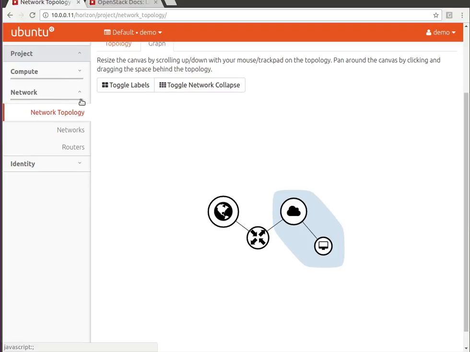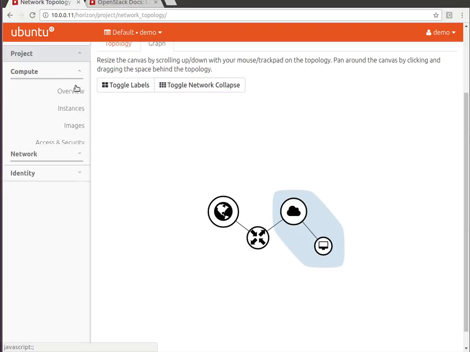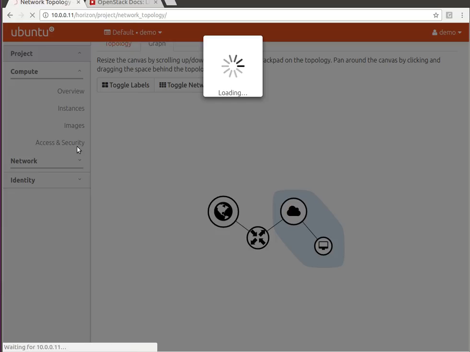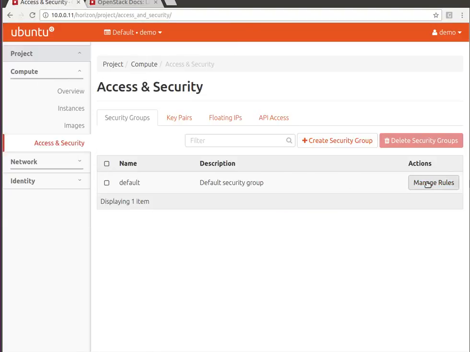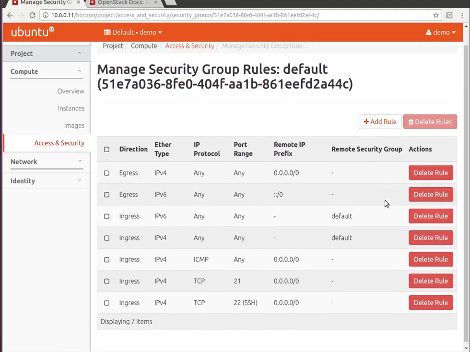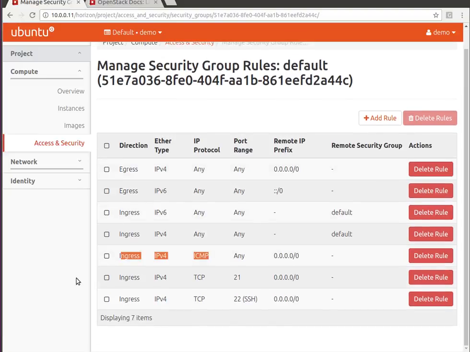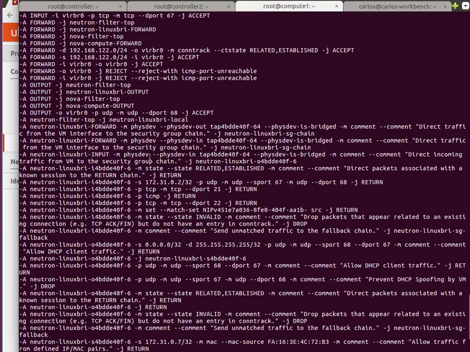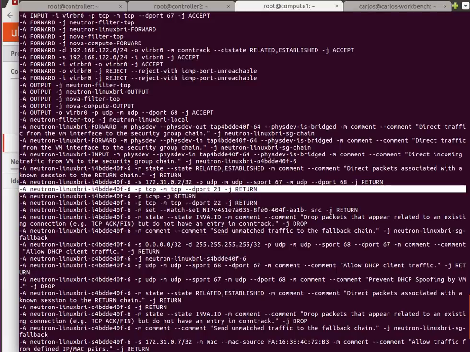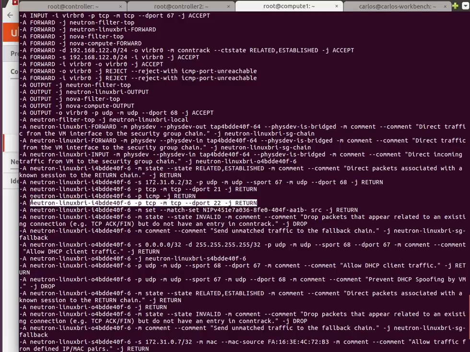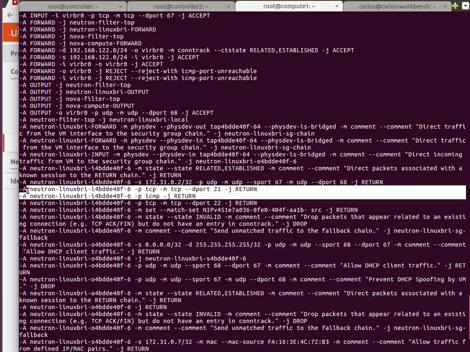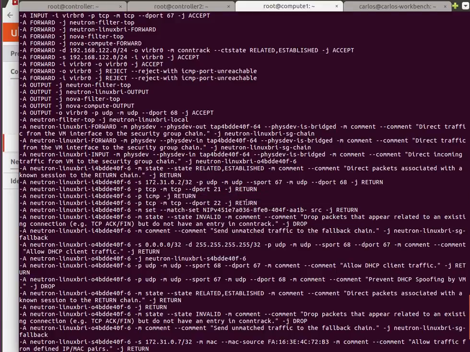These are the same rules that we will find right here in access and security. So we're accepting ICMP, port 21, and port 22 for SSH. And those are the same rules that we have right here. So this traffic will get accepted.